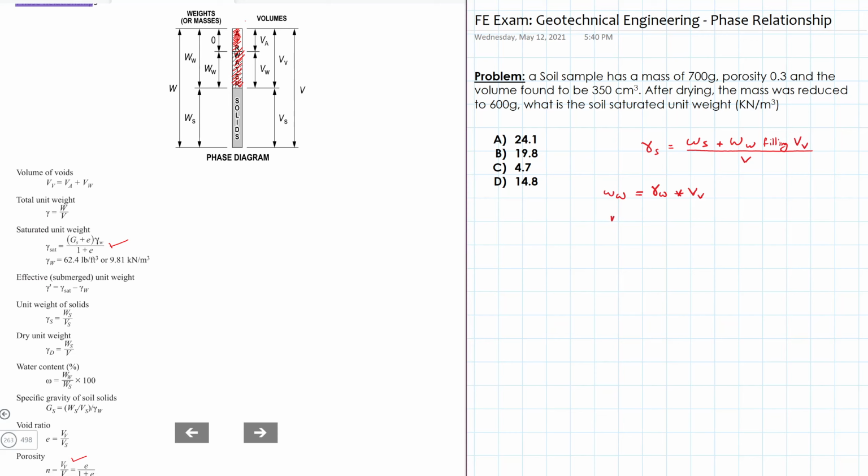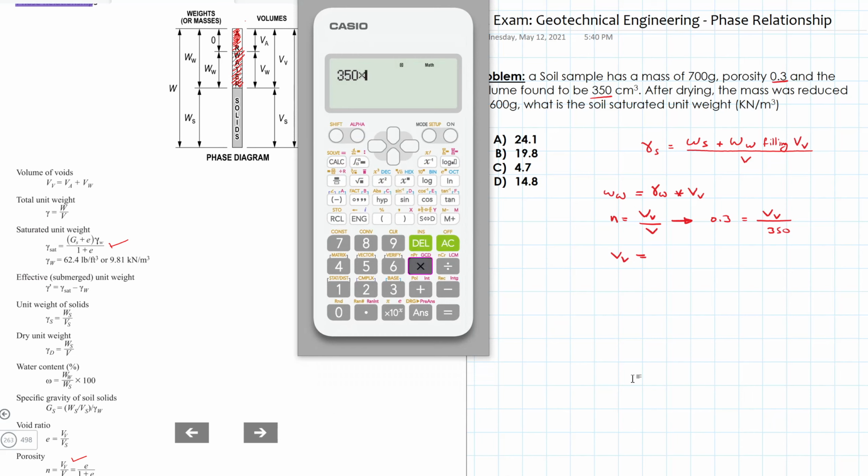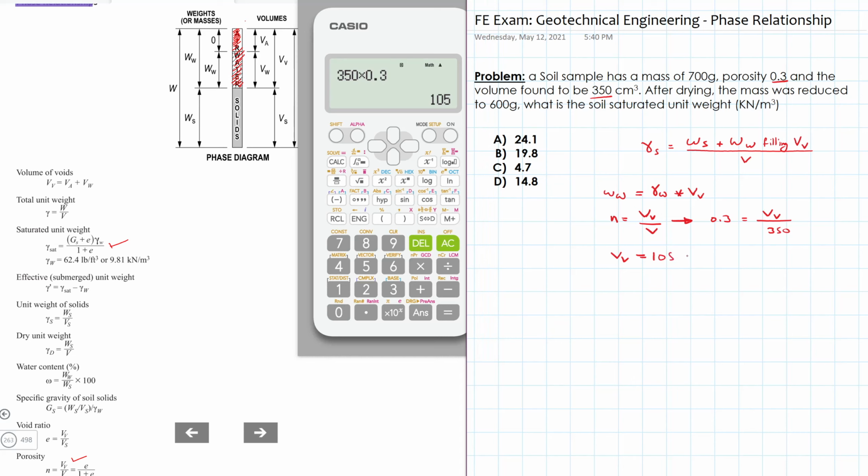Here we have n equal Vv divided by V. So 0.3 equals the volume of voids divided by the total volume, which is 350. Voids equal to 105 centimeter cube.